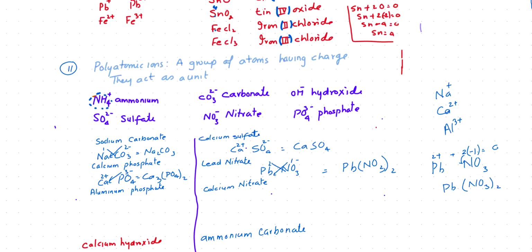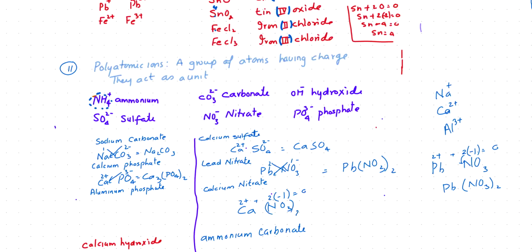The calcium nitrate. Calcium is Ca, having 2 positive charge. Nitrate is NO3, 1 negative charge. So they are not equal. To make it equal, you have to multiply nitrate by 2. So 2 negative and 2 positive, the total will come to 0. So we are multiplying by 2 here, so we write the bracket twice.